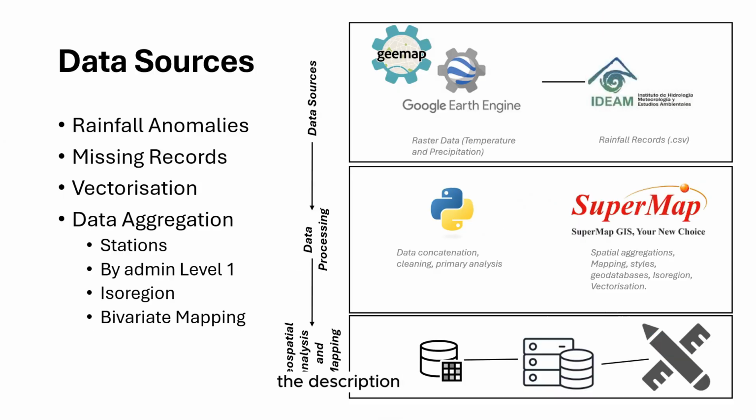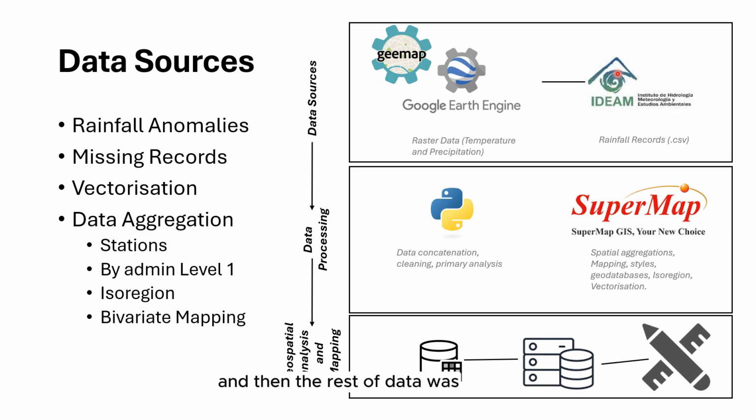The main data sources at the beginning were, first, CSV data of monthly rainfall stations from IDEAM, the Colombian government institute that acquires and measures environmental data. The data we have was basically CSV files that we concatenate.